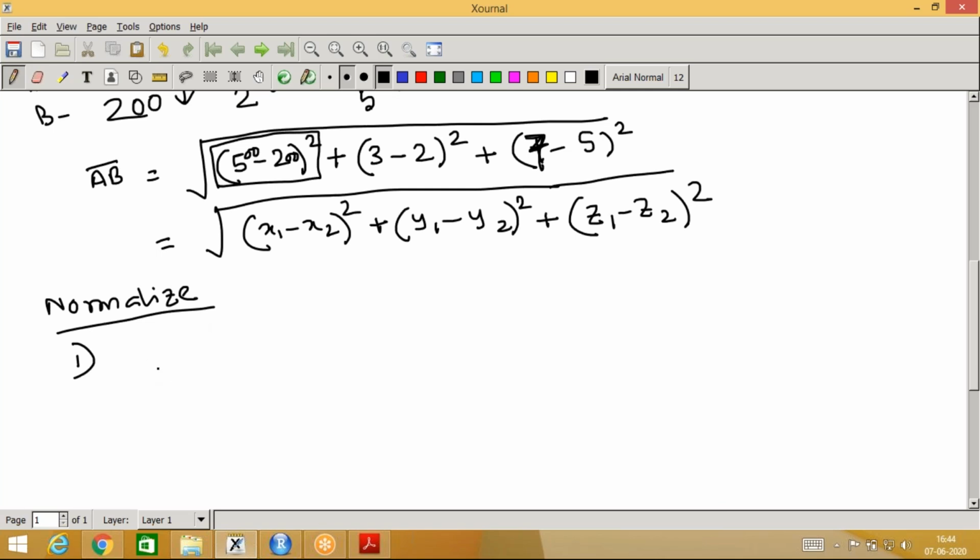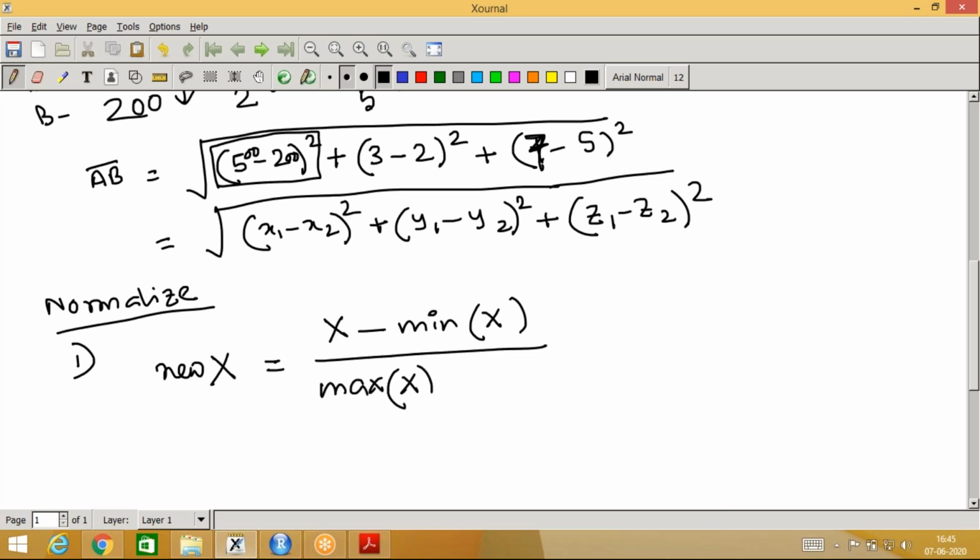One way is that your new x, whatever your variable is, is x minus the minimum of x, divided by the max of x minus the minimum of x. This is called min-max normalization.